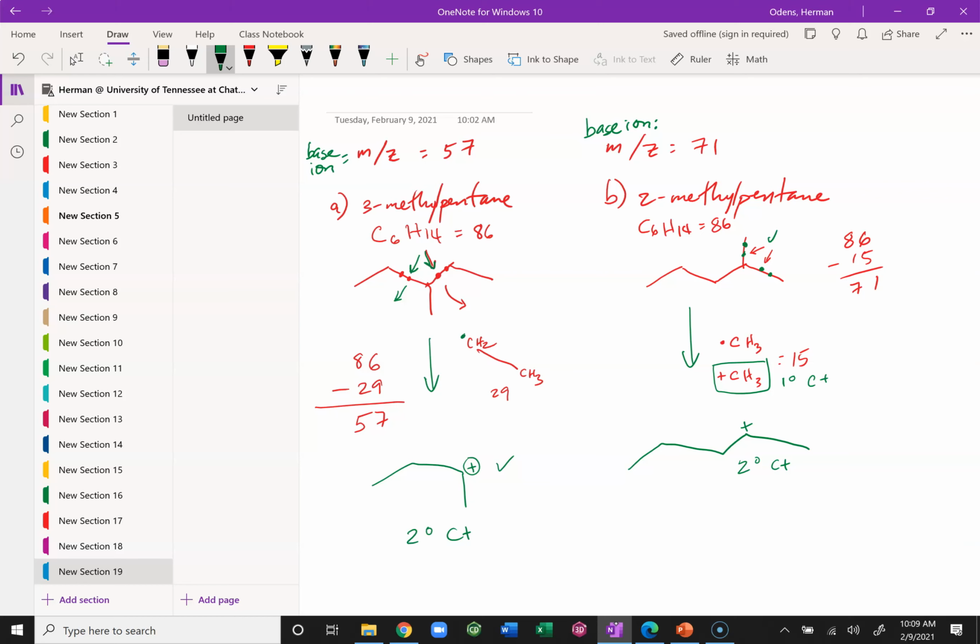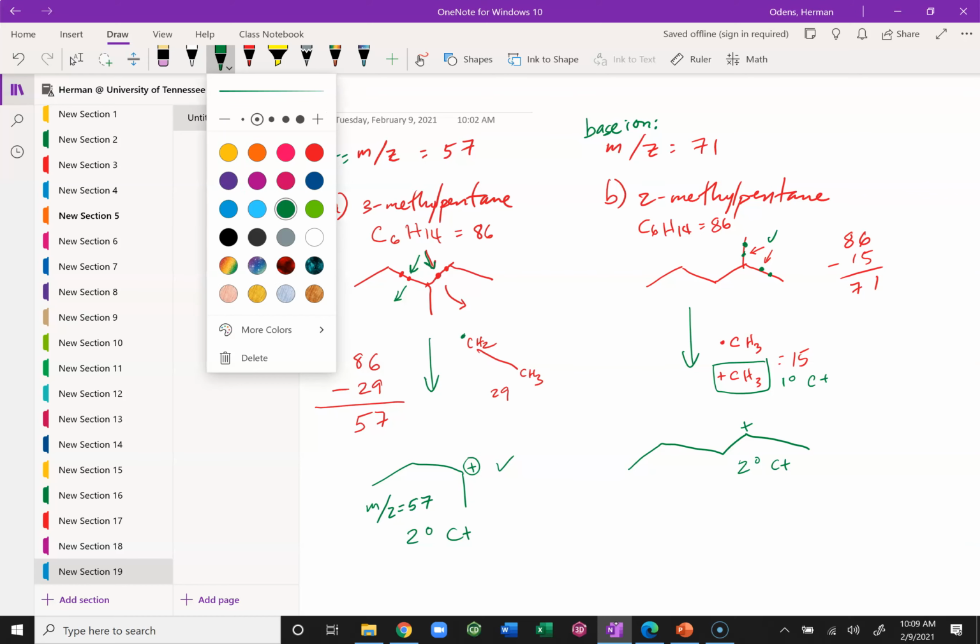Now this is a butyl fragment, so it will have a mass of 57. All right, this will have a mass to charge ratio of 57.